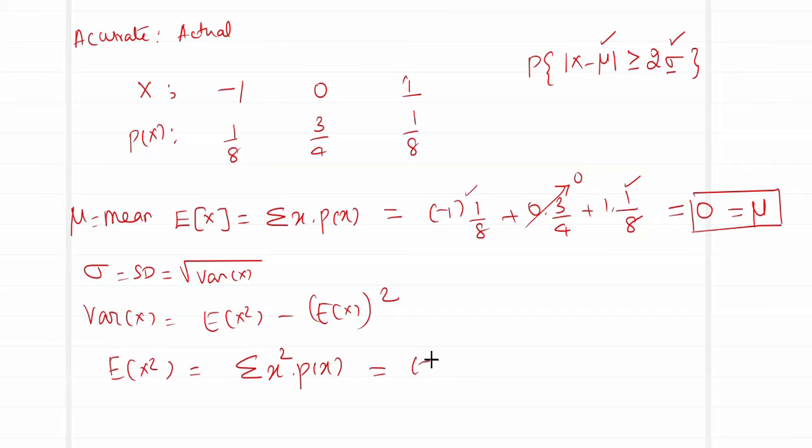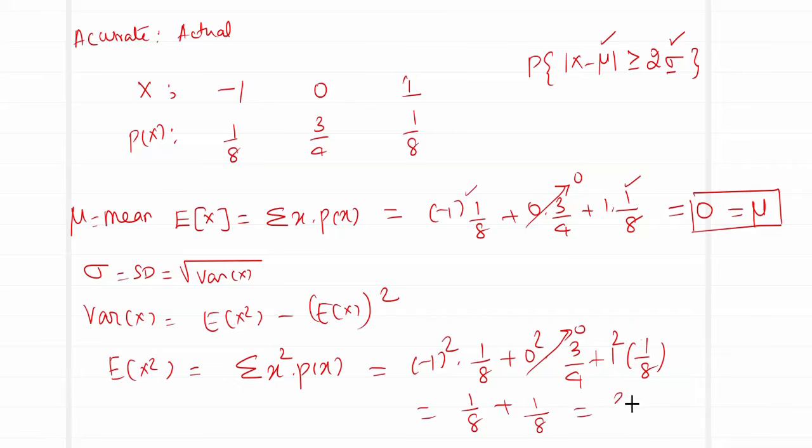That gives (-1) square into 1 by 8, plus 0 square into 3 by 4, plus 1 square into 1 by 8. 0 into something vanishes. (-1) square is 1, into 1 by 8, is 1 by 8. Plus 1 square into 1 by 8 is 1 by 8. So this is 2 by 8, which reduces to 1 by 4. This is my E of x square. Having got E of x square, what will be our variance of x?